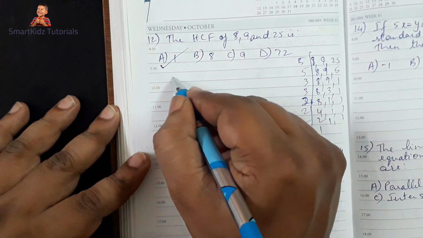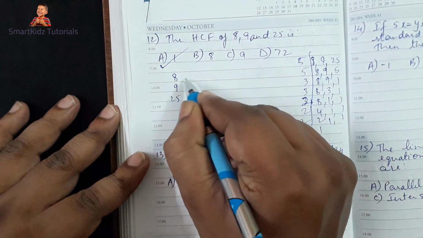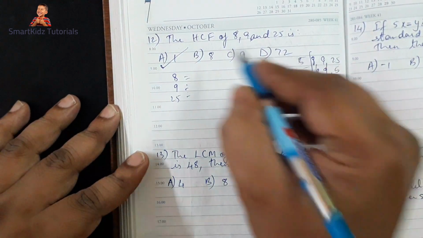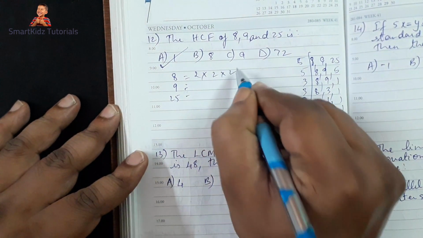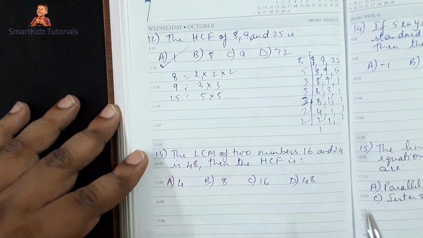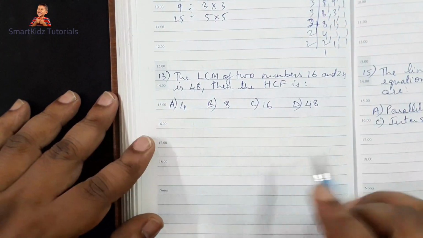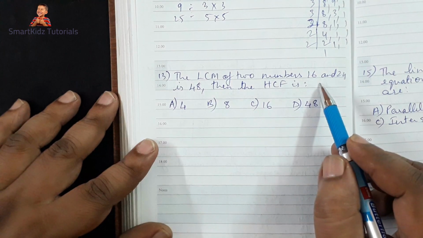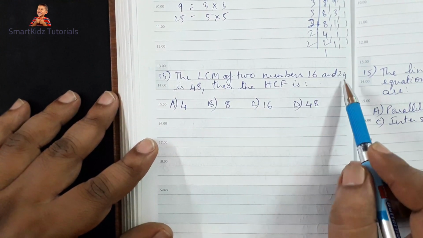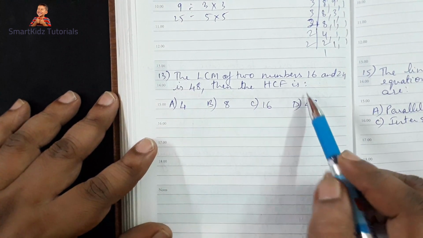You can write it down also. 8, 9, 25 comes to 2 into 2 into 2, 3 into 3, and 5 into 5. See, nothing is common. Next question, HCF of two numbers 16 and 24 is asked, and LCM of the two numbers 16 and 24 is 48. Then the HCF.